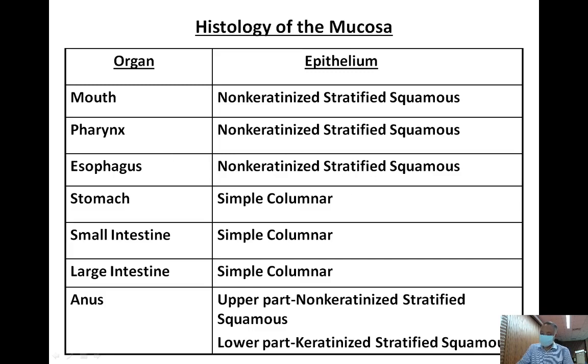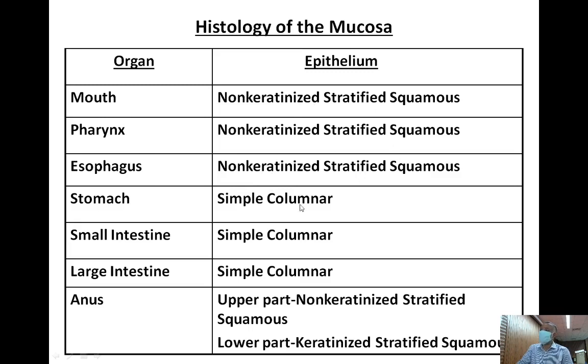We have to crush it in the mouth cavity, then swallow it, but it is not digested food material. Second thing, hot drinks: when we take them, there is a chance of mechanical injury. So that is why it is stratified, but non-keratinized. That means from mouth to esophagus, it is non-keratinized stratified squamous epithelium.